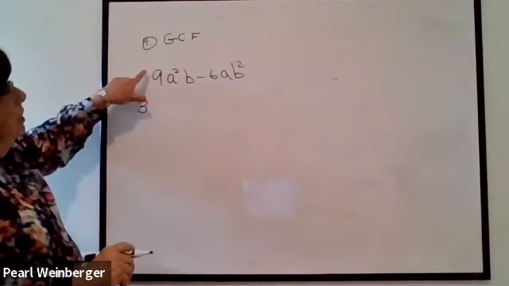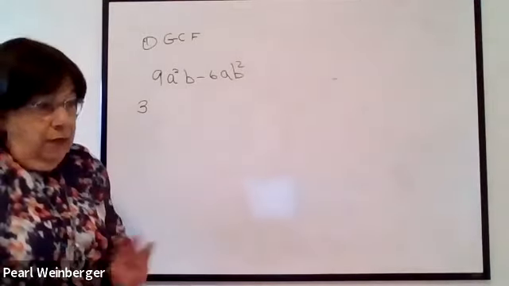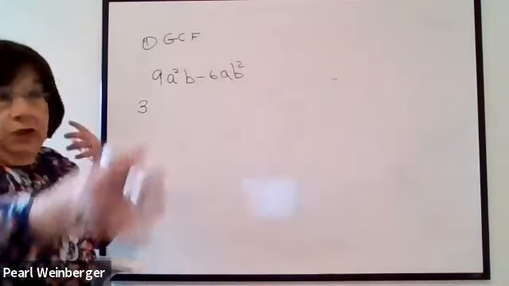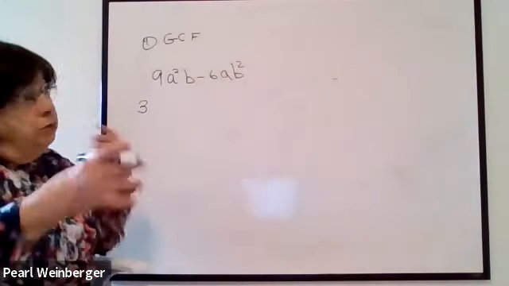Notice if the leading coefficient, that means the first term, is negative, part of the greatest common factor is that negative. In this case, it's a positive number, so we're only using a positive number. So that's the first thing. Look for a common factor of your coefficients. And if you had 20 terms, you'd have to look for a number that goes into all 20 terms.